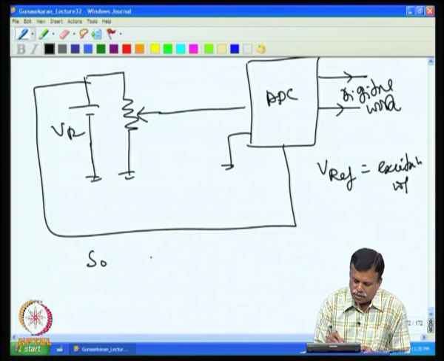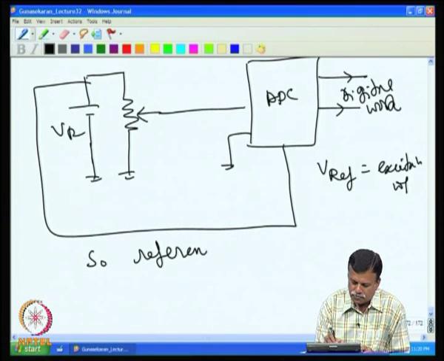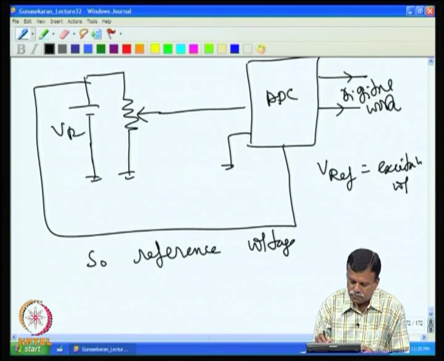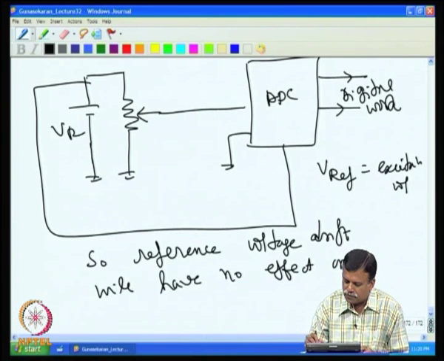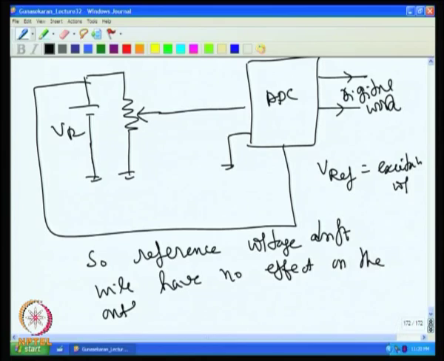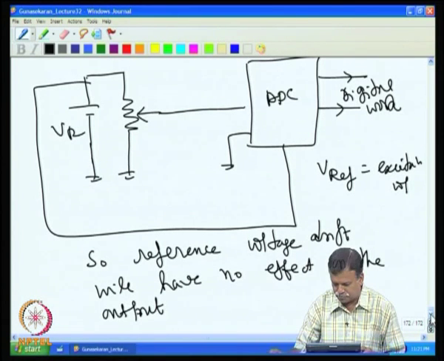Now, of course, the other errors will still be there, the offset voltage drift and gain error, all that will be there, but the reference drift, which is a major issue, particularly for 16-bit converters, can be removed by going for ratiometric conversion.